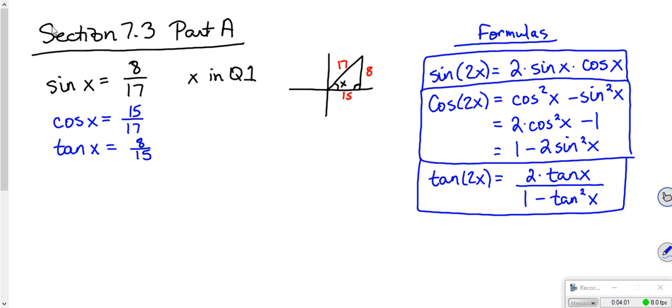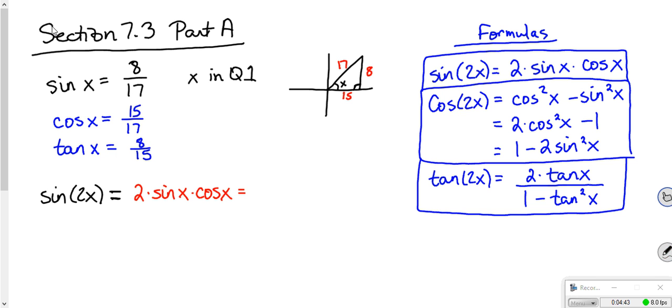So tangent and sine only have 1 possible formula. Cosine has 3. Now that we know that sine is 8/17, cosine is 15/17, tangent is 8/15, since it's in quadrant 1, we know that sine, cosine, and tangent are all positive. So now let's keep working here. They want us to find sine of 2x. So sine of 2x equals, I should have put equals here, not colon. We're going to use our formula, 2 times sine x times cosine x.